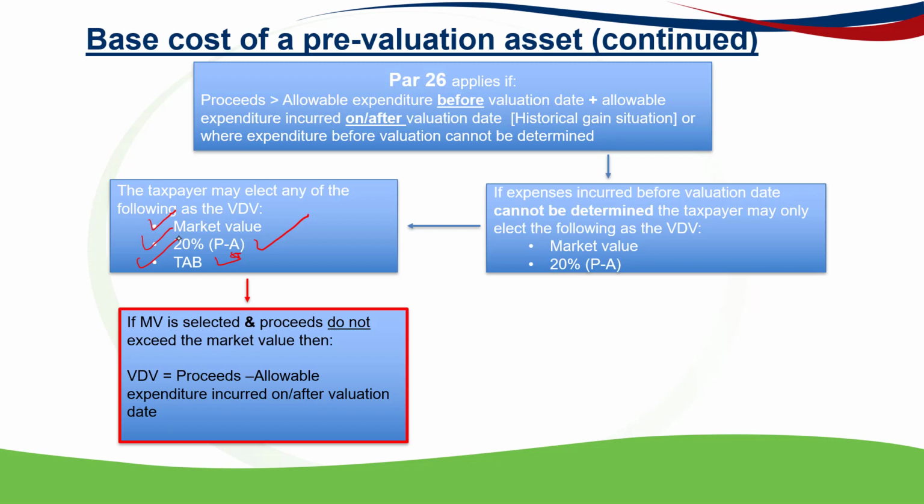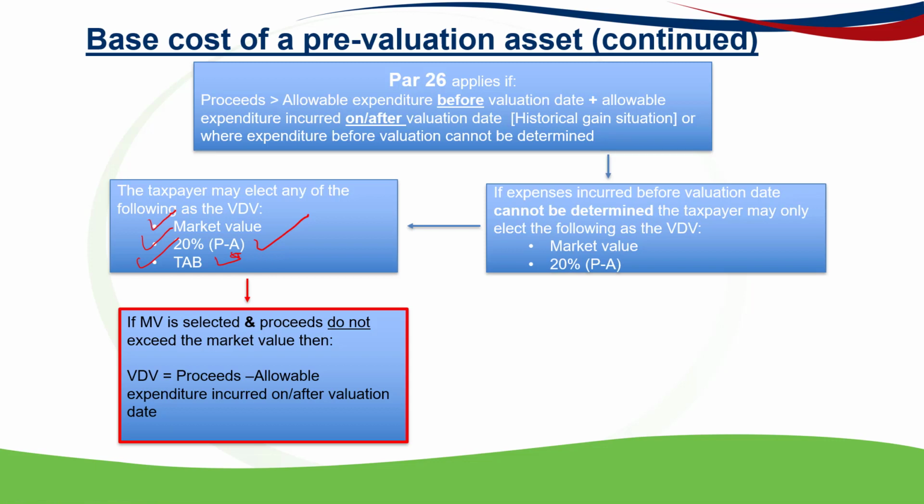Right. And then if market value is selected and proceeds do not exceed the market value, then the valuation date value is the proceeds less allowable expenditure incurred on or after the valuation date. This is an exception to the rule.